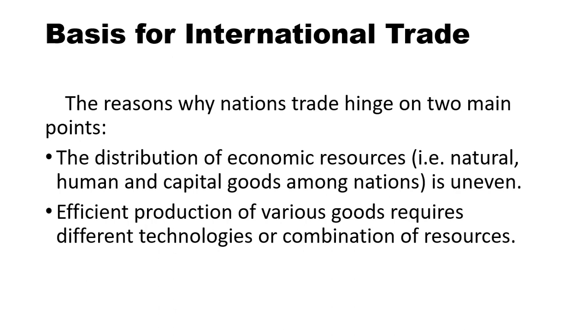Some countries have resource A but not B, and another country will have resource B but not A. So when it comes to the production of goods, sometimes you need different materials in order to produce a commodity, and if one country doesn't have these resources, they need to buy them from others.